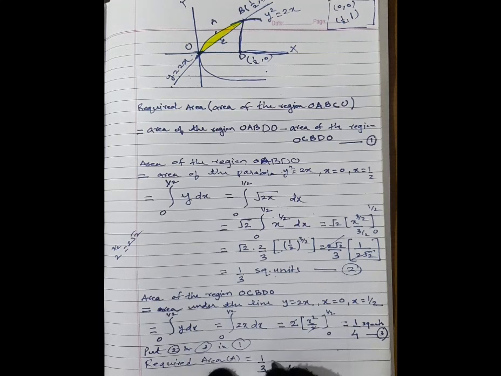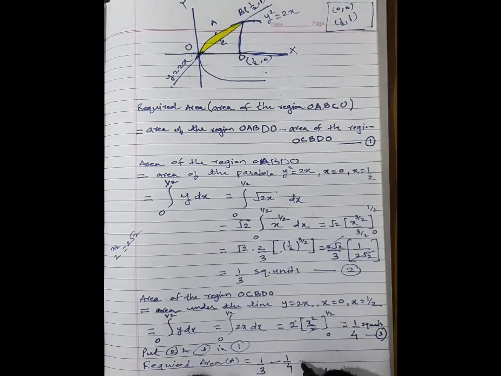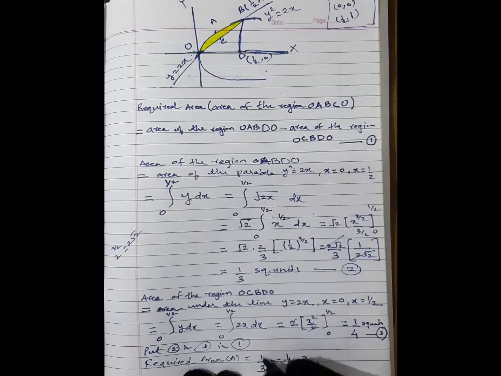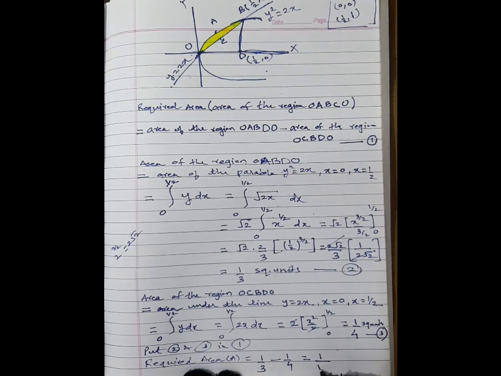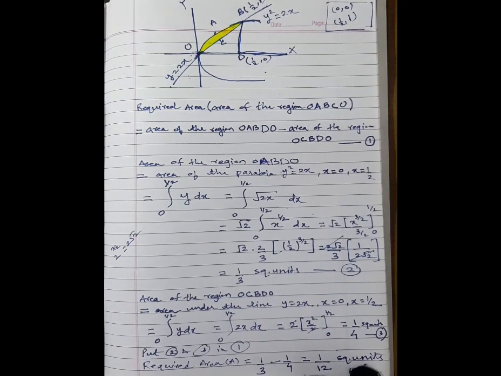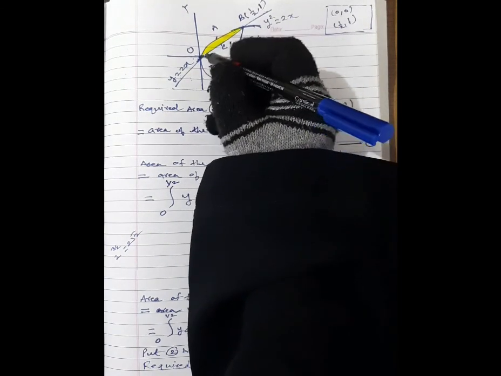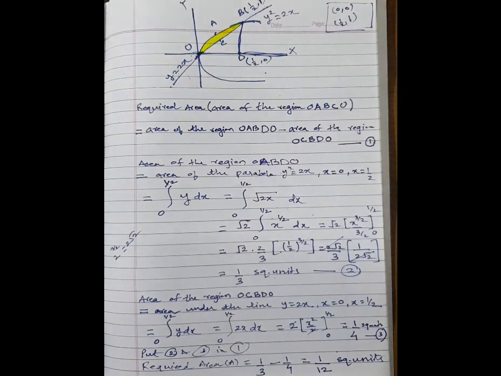It is 1 upon 3 minus, what is the next area coming? 1 upon 4. 1 upon 3 minus 1 upon 4. Here students will cross multiply, 4 minus 3. 4 minus 3 is 1 upon 4 into 3 is 12. It is 1 upon 12 square units. 1 upon 12 square units means our required area is coming 1 upon 12 square units. So this area is, students, this shaded region. Getting?